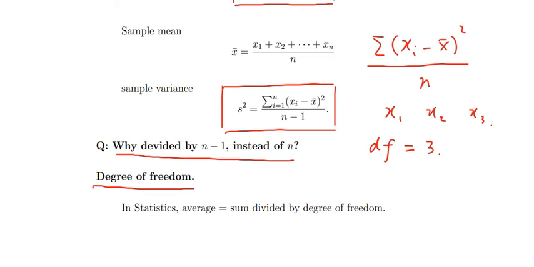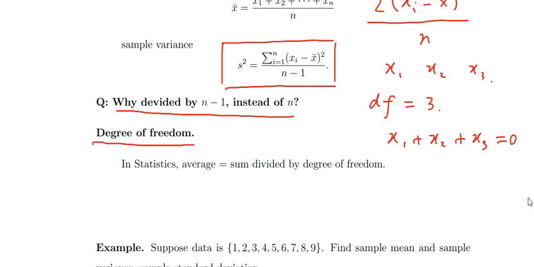Now suppose those three numbers have some relationship, like x1 plus x2 plus x3 equals 0. These three numbers have some restriction, or this condition, this relationship equation. From here, if x1 can change freely and x2 can change freely, then x3 cannot change freely.